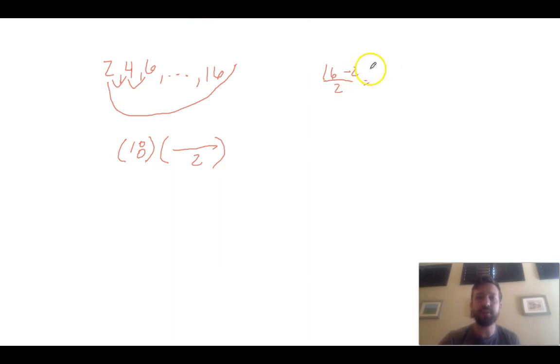So 16 minus 2 is 14, divided by 2 is 7. And remember, that's not the number of terms. You need to add 1 because it ignored the first term. So there's 8 terms. That's how you would do the summation if I give it to you like that.